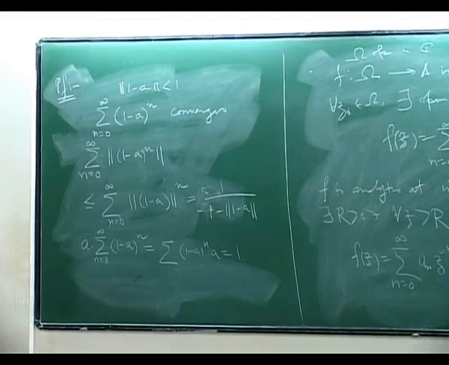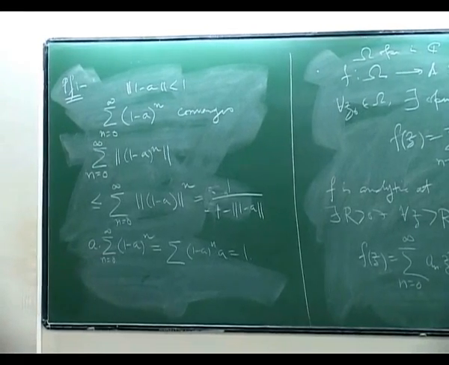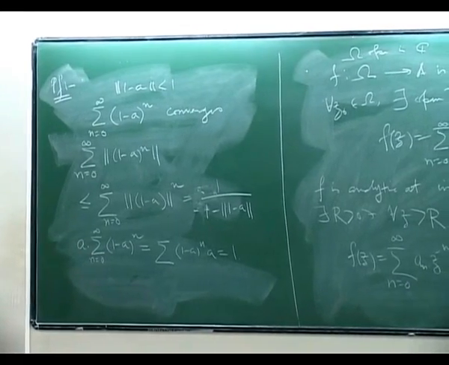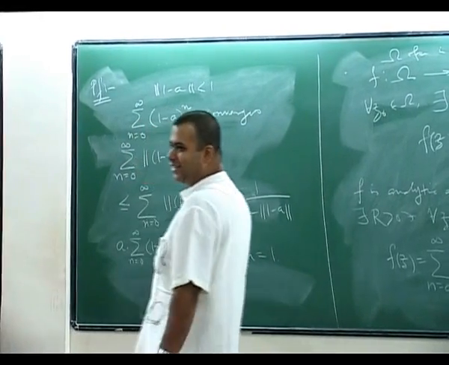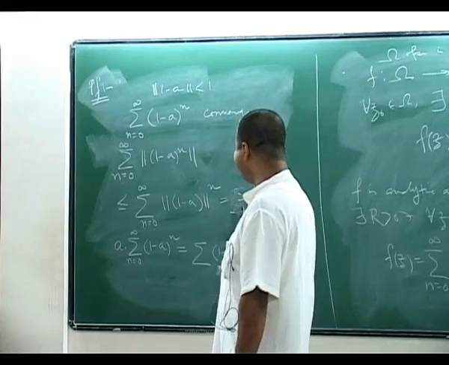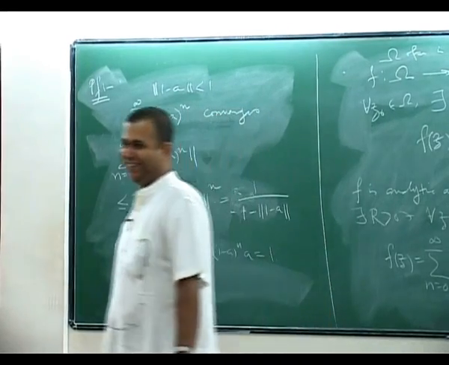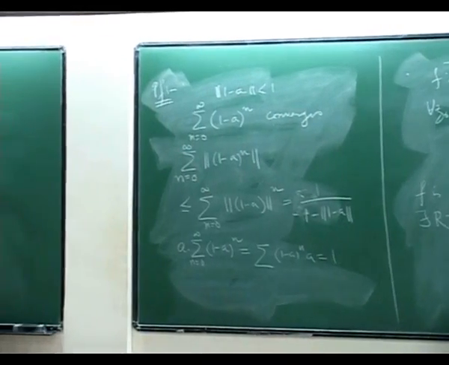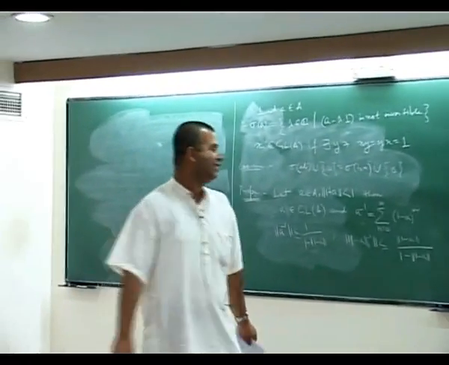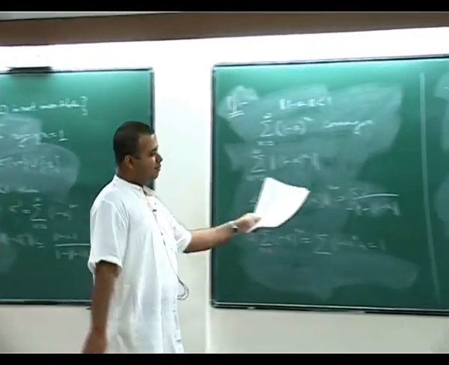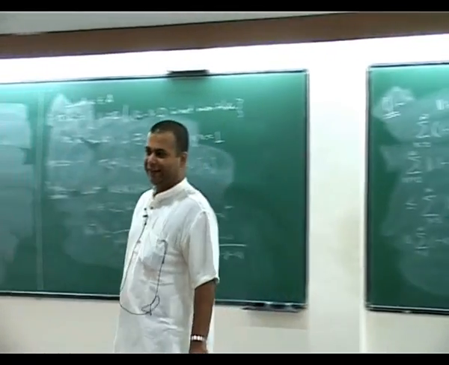So anyway, what is the response? No, that says this series makes sense, right? But he is asking why this is the inverse of A. That says that quantity makes sense. Here I am estimating that sum. I am proving that it is a meaningful quantity in the Banach algebra.